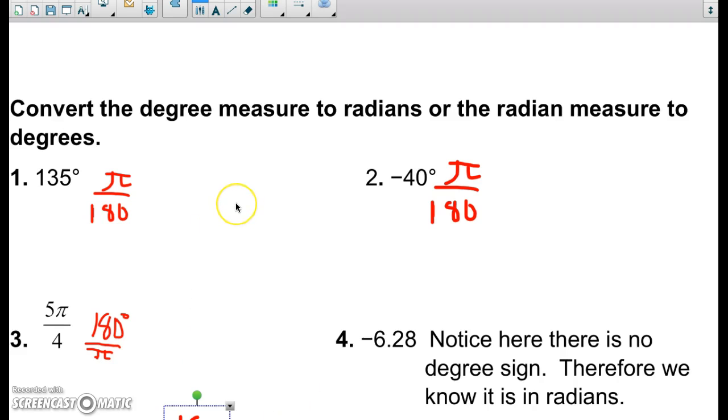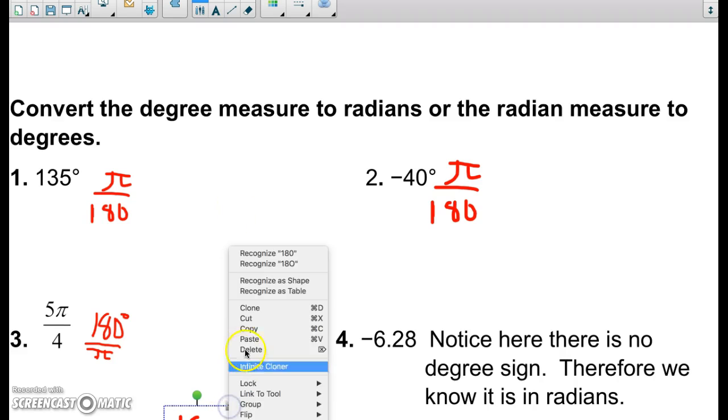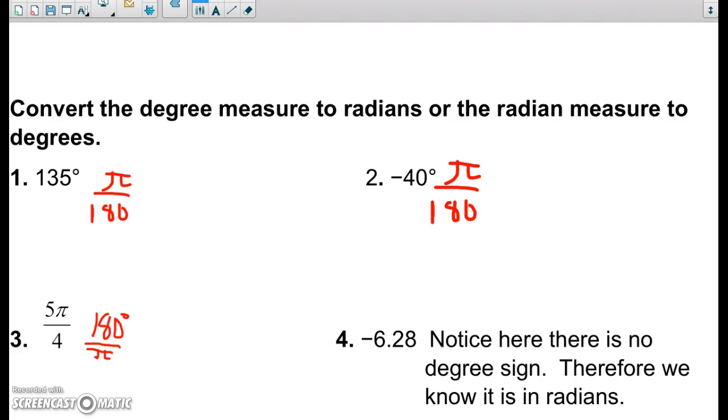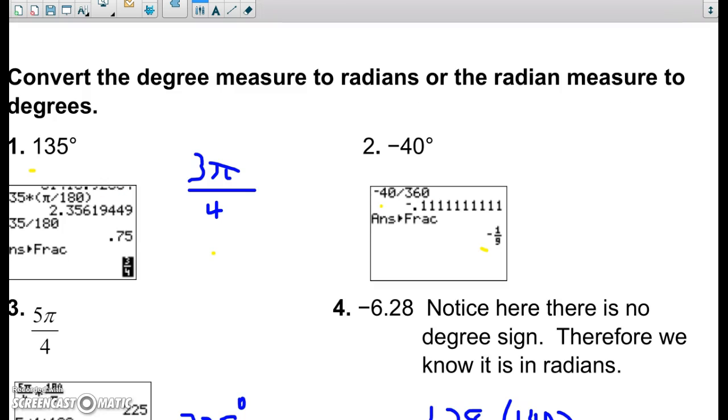Now, I want you to pause and try to figure these out. Okay, let's see how you did. So, 135 times pi over 180, you get this number of radians. But I like to write it as a fraction, so I'm going to take 135 divided by 180, and I get 0.75, which is 3/4.